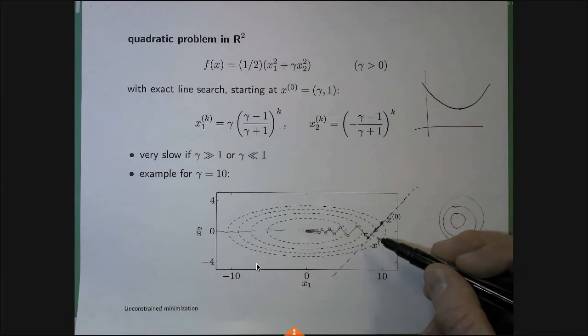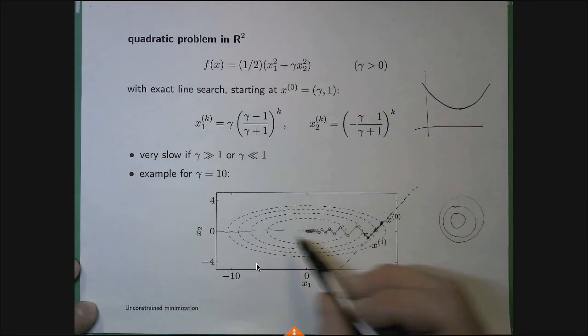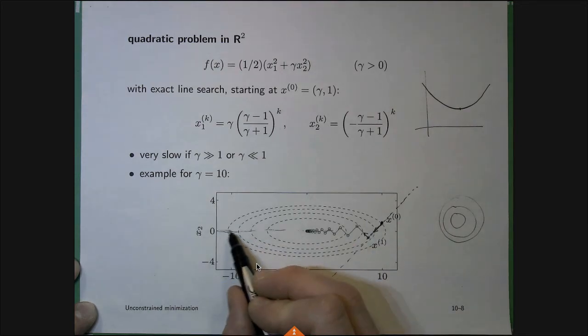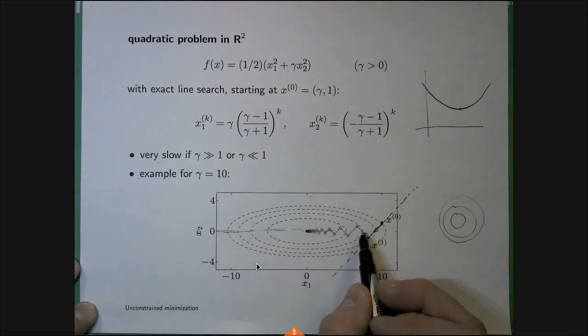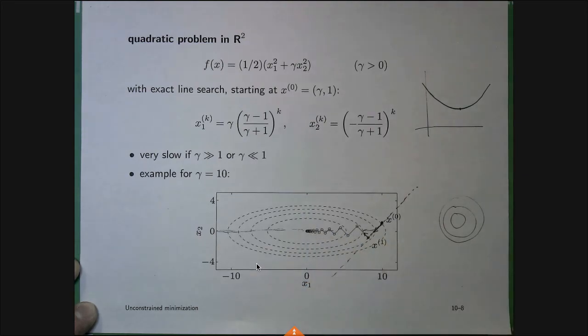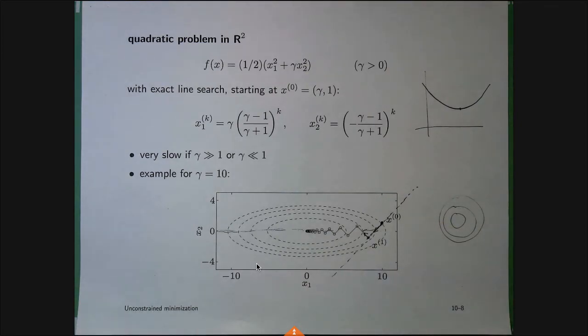If it got to the 0, then the gradient would be pointing in the good direction, and you would get there immediately. But that just won't happen because we started here. For some starting points you could be very lucky, but that's only a matter of luck.